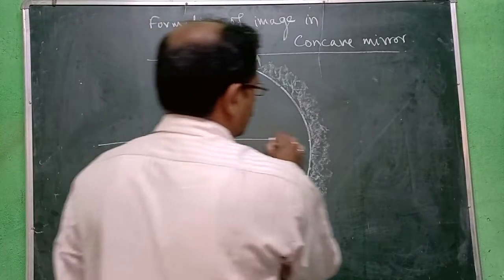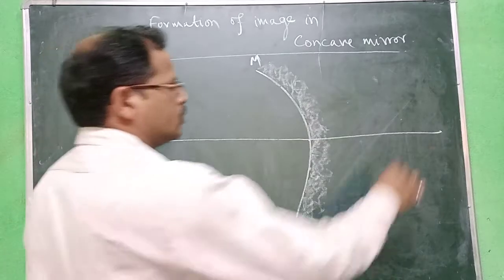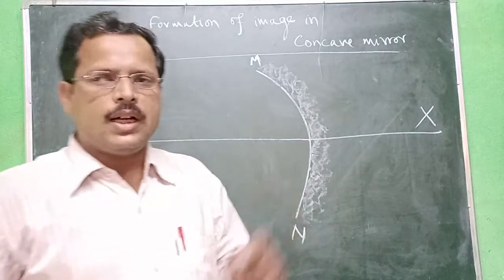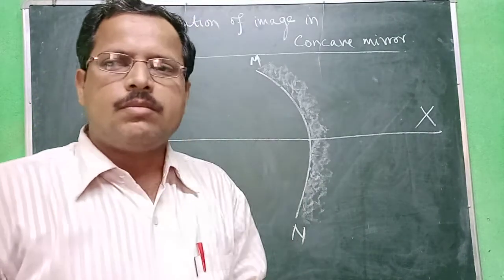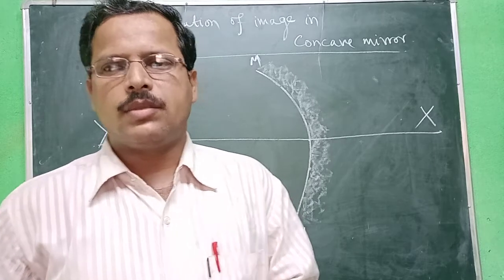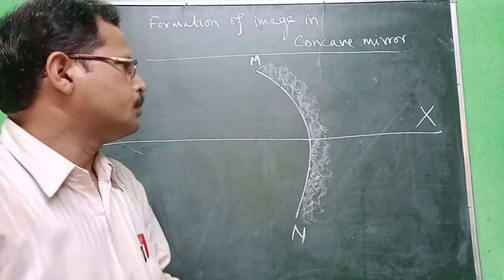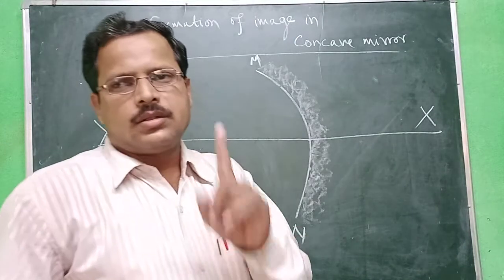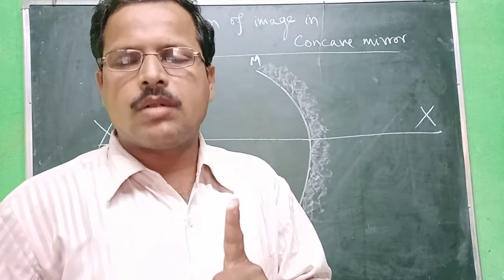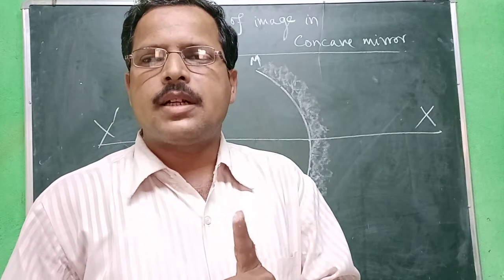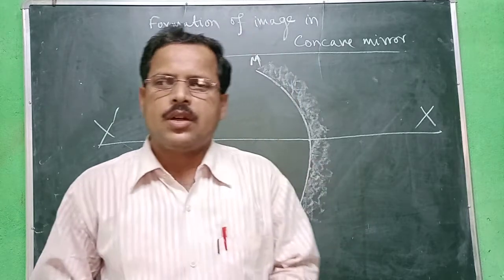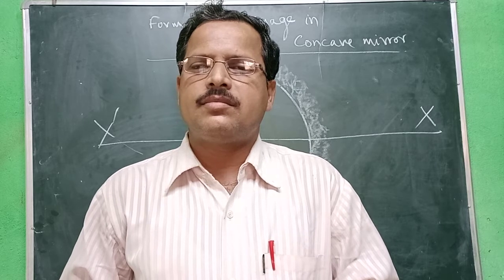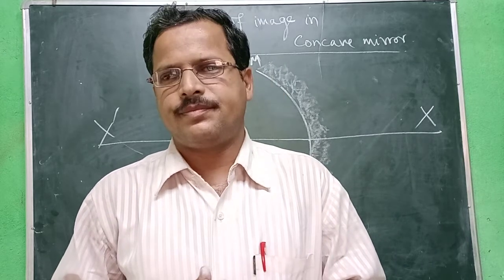This is the principal axis, and you know, rays always come from the left side of the mirror. So let us take the first position of the object at infinity. What is infinity? That means far away from the mirror.